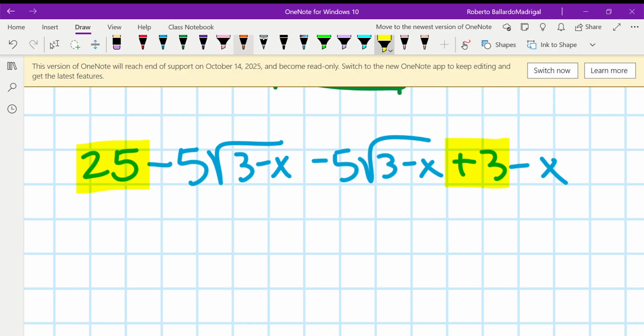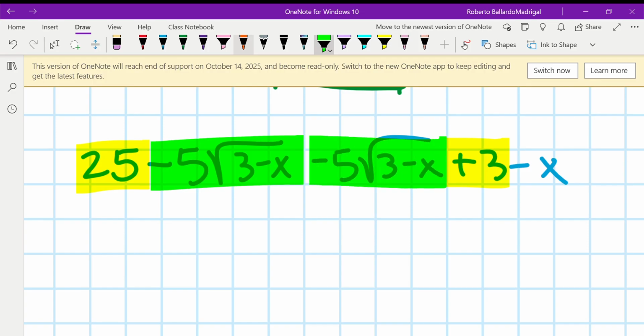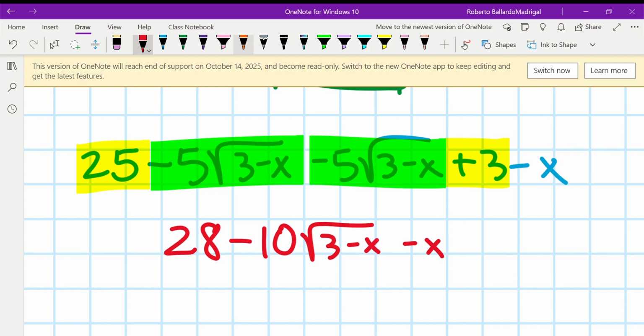So this would be like combining negative 5x with negative 5x, which makes negative 10x. In this case, I'm replacing this stuff with an x. We can combine these because they have the same radical. So 25 plus 3 is 28. And this is going to give us negative 10 radical 3 minus x minus x.